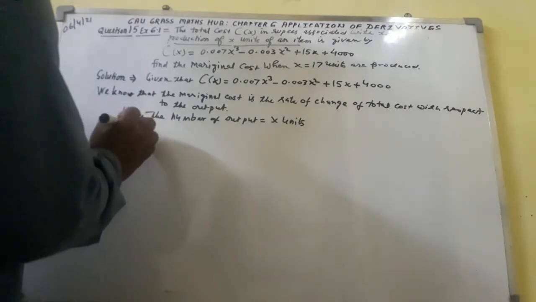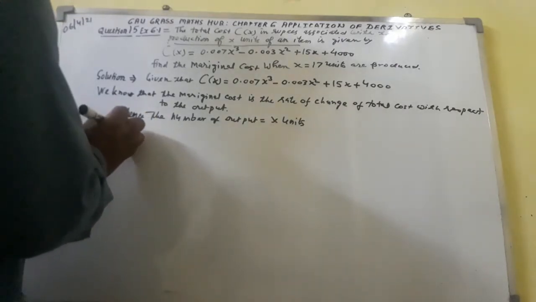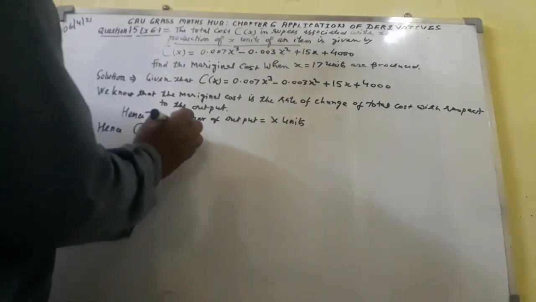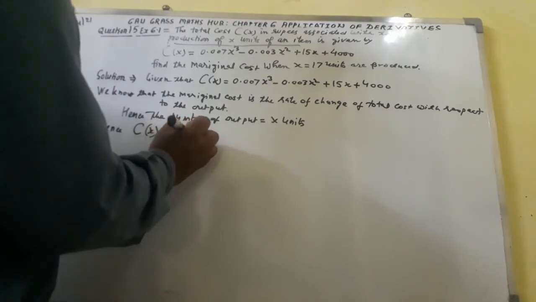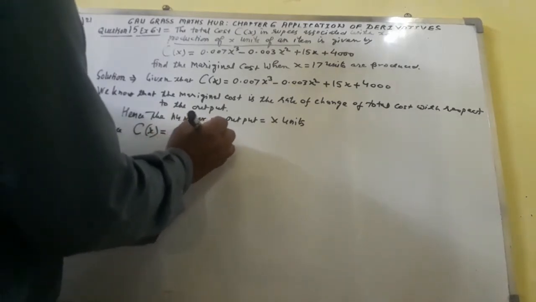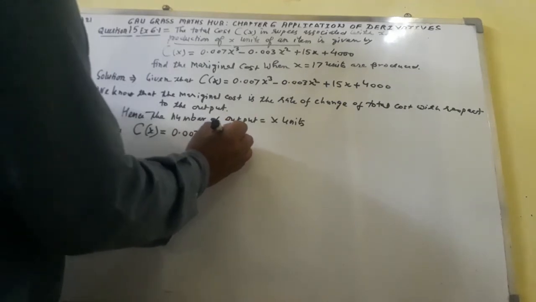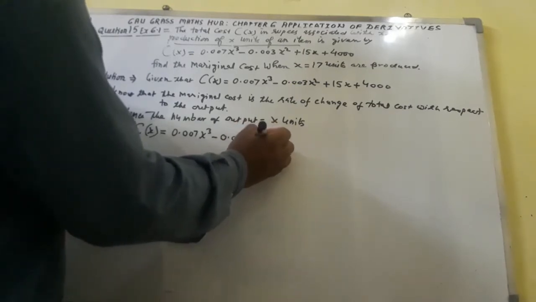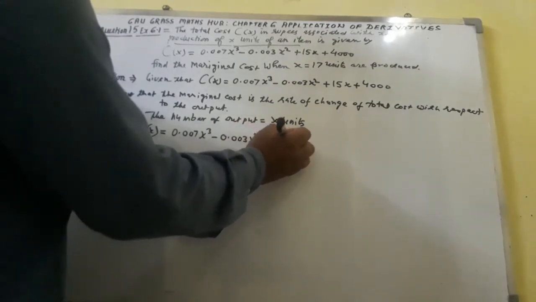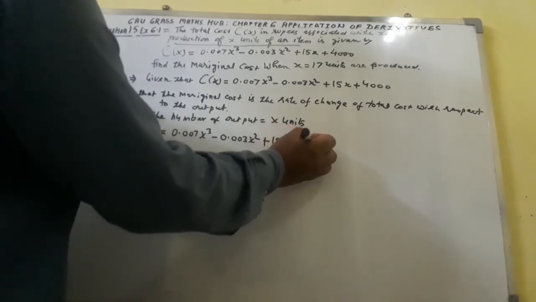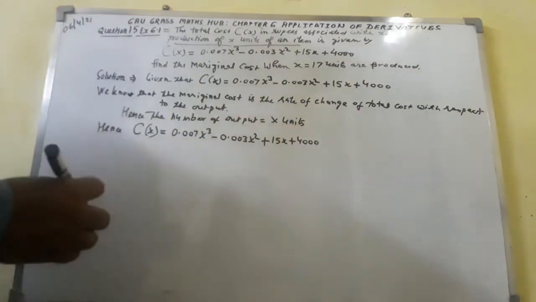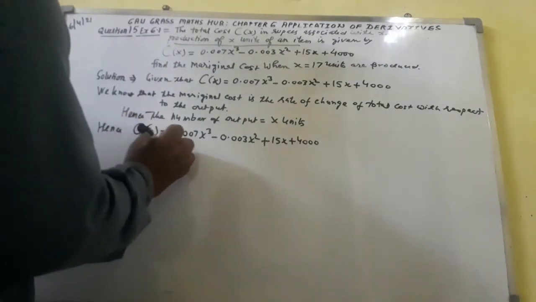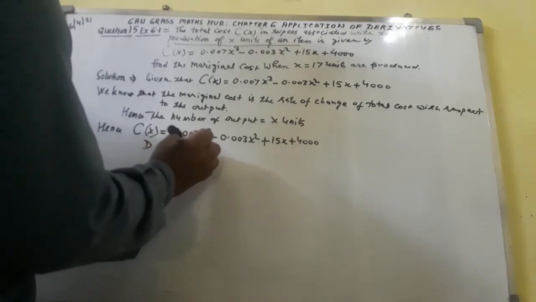Again I shall write, hence, C(x) equal to 0.007x cube minus 0.003x square plus 15x plus 4000. Here again I shall differentiate with respect to x.